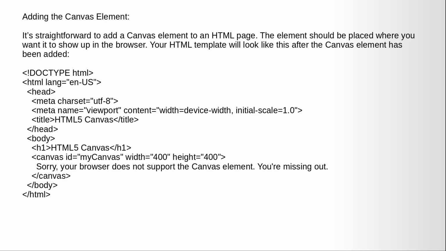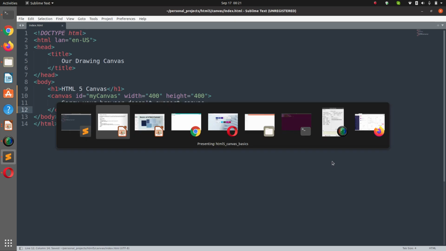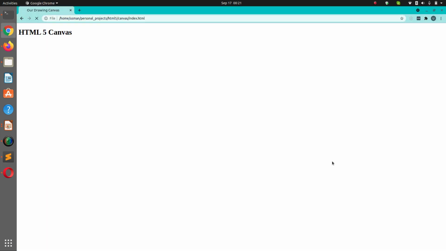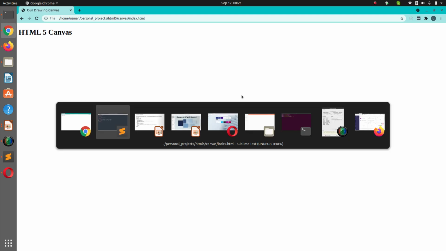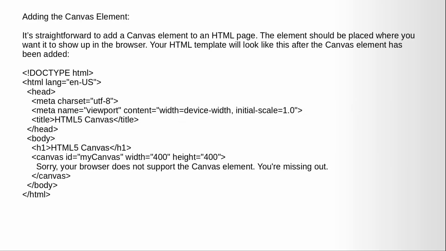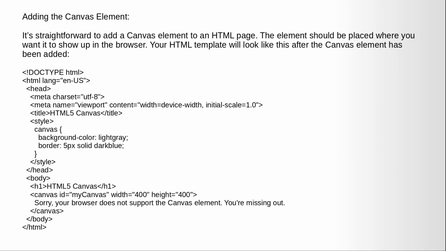Okay, canvas, select close, save the file, go to the browser and refresh. Okay, we don't see that canvas, but the canvas is there, and its borders are white and the background is white, that's why we cannot see it.